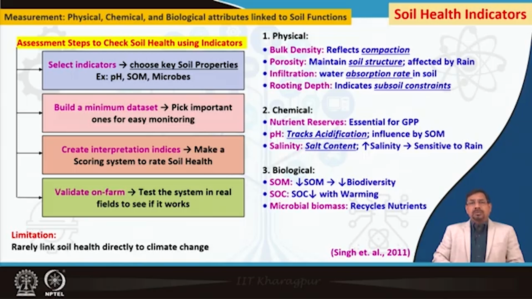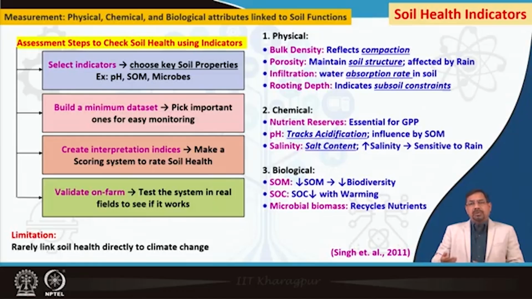Now let us move on to the third one, the biological. If we have more soil organic matter, that indicates the biodiversity level, and the soil organic carbon, which goes on decreasing with warming.